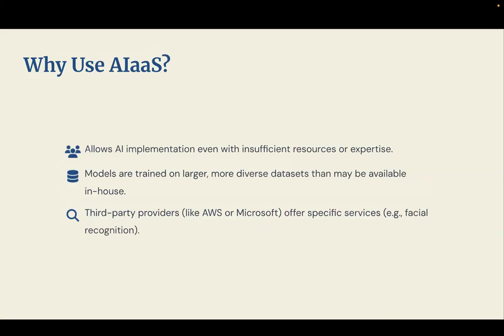So why use AI as a service? Like the example I told, you don't want to build everything from scratch because you don't have enough resources, nor enough expertise. Can you guys build a system like ChatGPT from scratch? No. Why? Because to build a system like ChatGPT, you need a big data center where you can host all your GPUs.